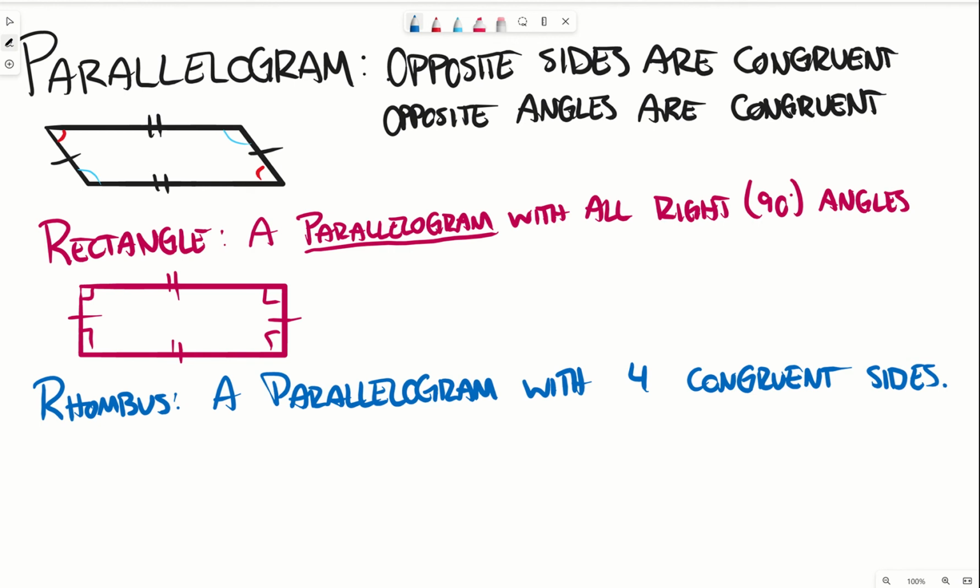So the angles, just like a parallelogram, the opposite angles will be congruent, but the four sides will all be the same measure. I don't know if that's going to do what I want it to. Close enough. All four sides are the same measure, and my opposite angles are congruent. All right, look at that. We're just cruising right along here. So we got parallelogram, rectangle, rhombus.